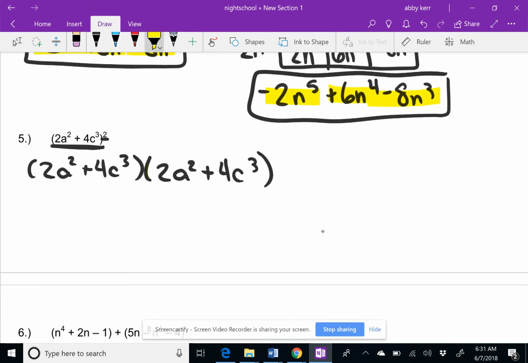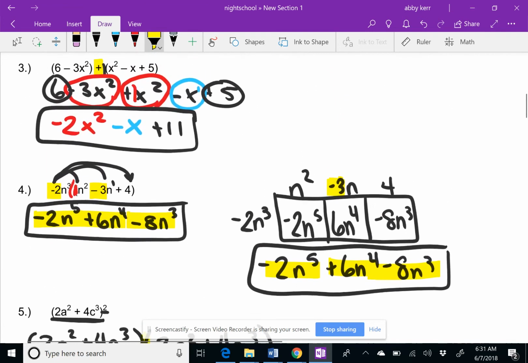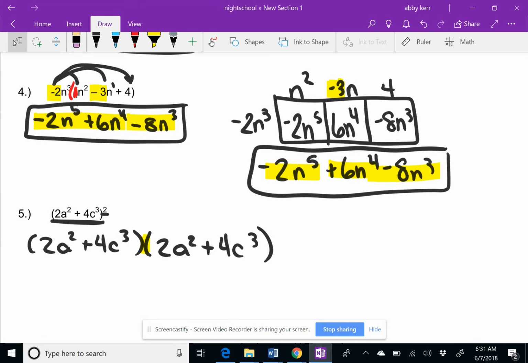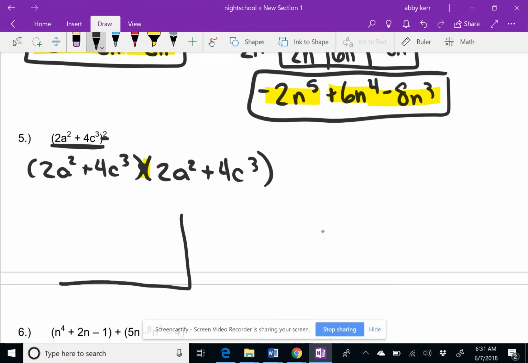Now, once again, just like problems 2, 3 and 4, we have to look at what's in the middle. The middle shows multiplying. So when you see multiplying, you should automatically think area model.